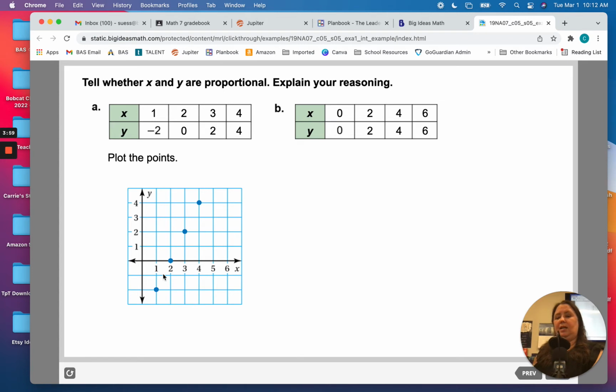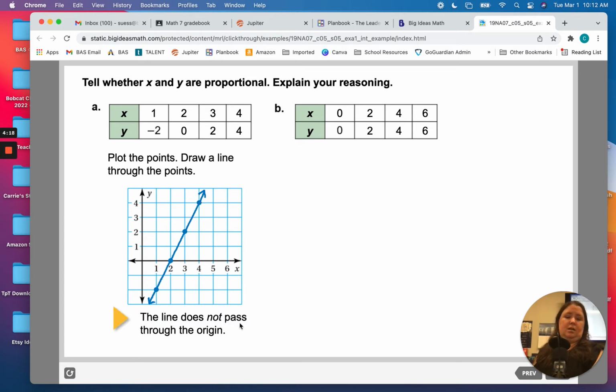Okay, if I were to connect these, is that a straight line? Yes. Just draw a straight line. That's a straight line. From each dot, I went up 2 over 1, up 2 over 1, up 2 over 1. So that's a constant. It doesn't change. However, does the line pass through the origin?